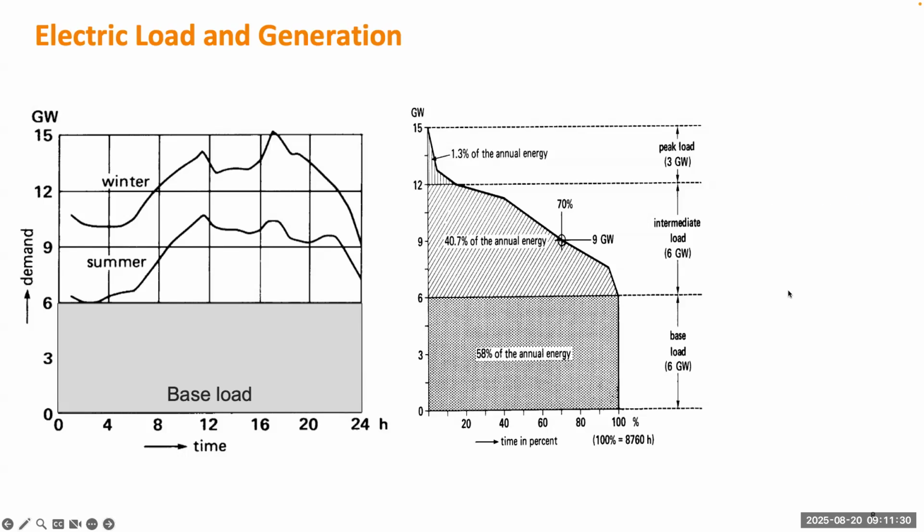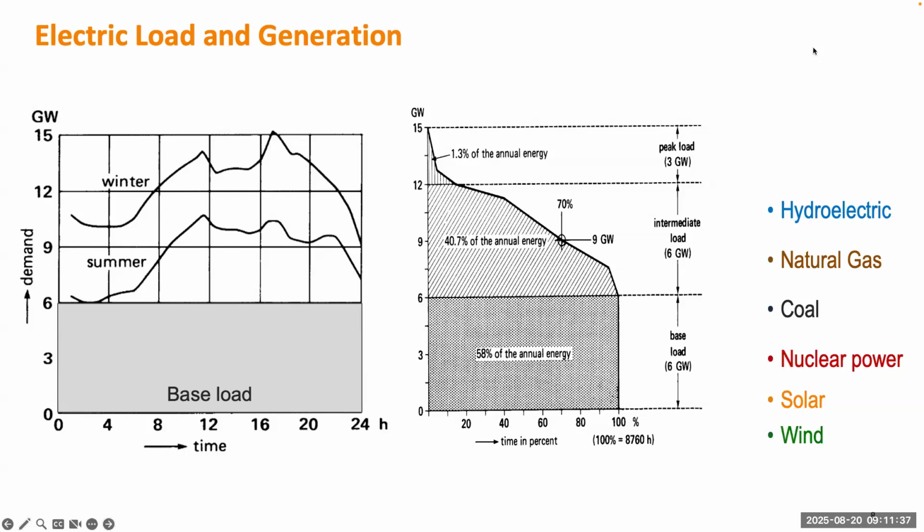So you can use some generators, such as nuclear generators, coal-fired generators, and maybe some natural gas generators to power the base load, especially the nuclear and coal-fired power plants, which cannot easily be turned off and on. So you want them to keep running all the time, just for security and reliability concerns.